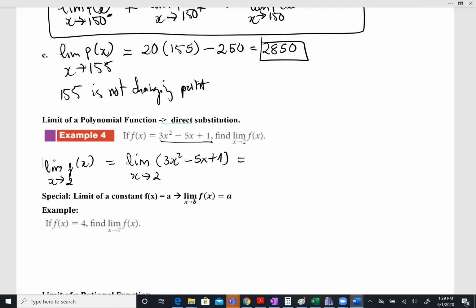Like I say, you're going to just use direct substitution. What does that mean? You're going to substitute x equals 2 into the function. You get 3 times 2 squared minus 5 times 2 plus 1. See that? All the x now become 2, right?